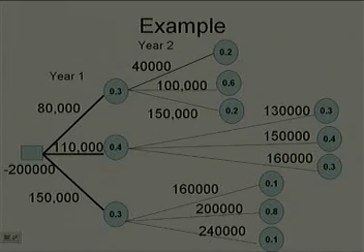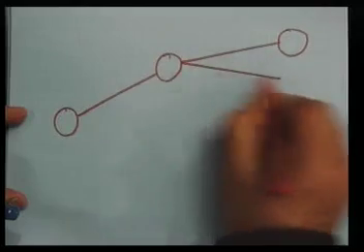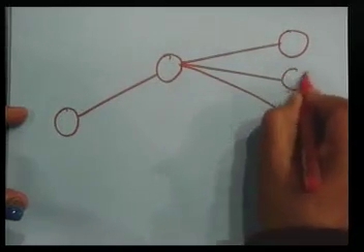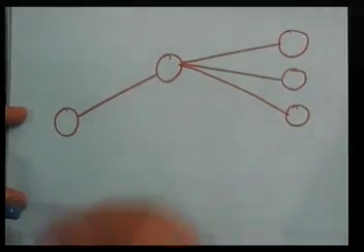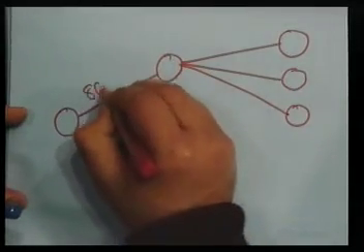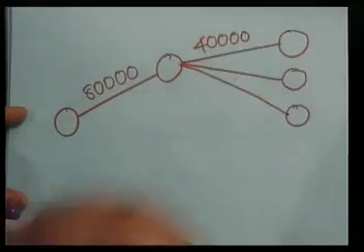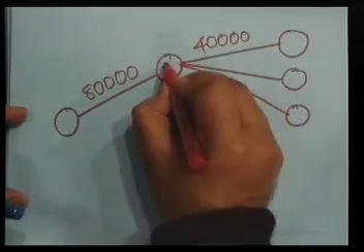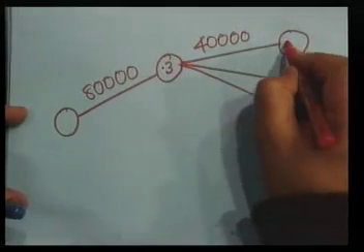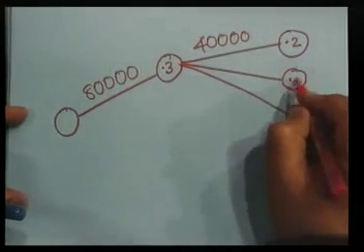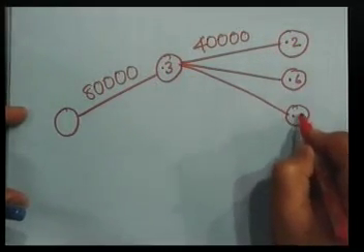You can understand it from this particular diagram. I have got one path like this, another path like this, and from here I have got a total of 3 paths. This is 80,000. This is 40,000. The probabilities are 0.3, 0.2, 0.6 and 0.2.